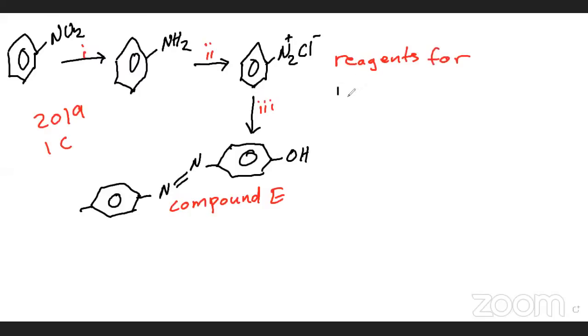So we need reagents for I and II. Going from nitrobenzene to phenylamine, what are the reagents for that? Tin and hydrochloric acid. Right, tin and HCl.